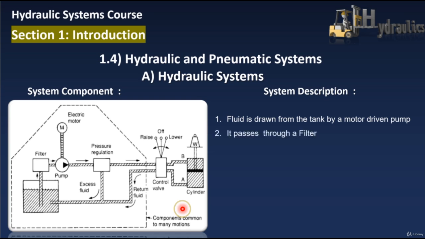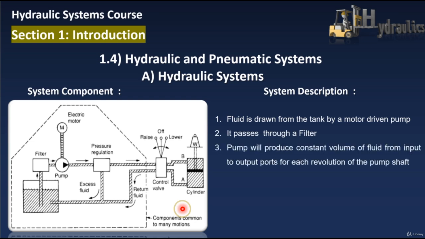This fluid then will pass through a filter for cleaning. Then it goes through the pump, which produces a constant volume of fluid with a predetermined pressure from input to output ports for each revolution of the pump shaft.